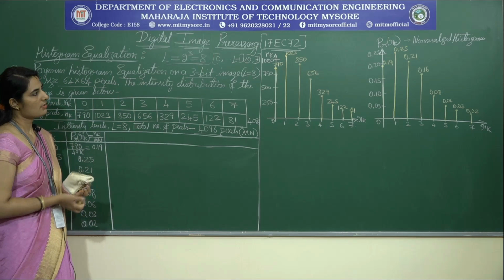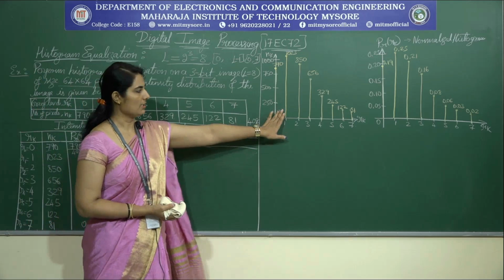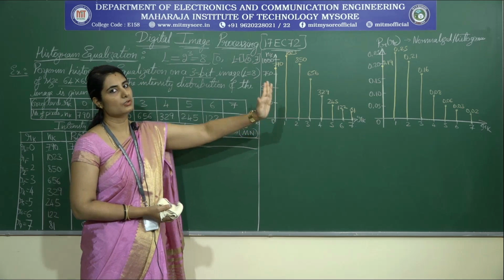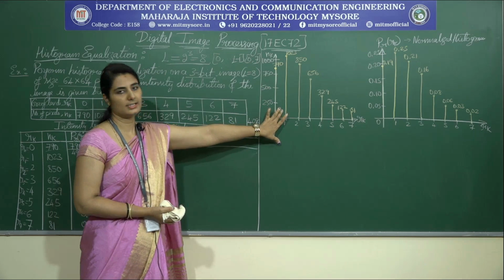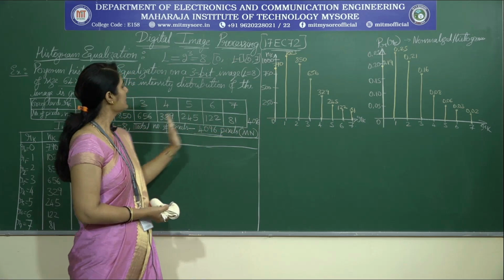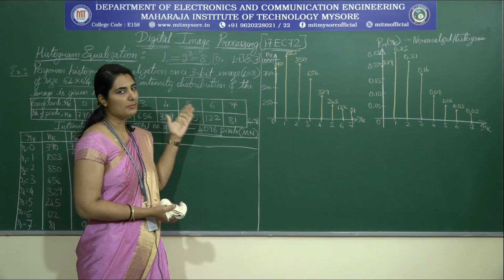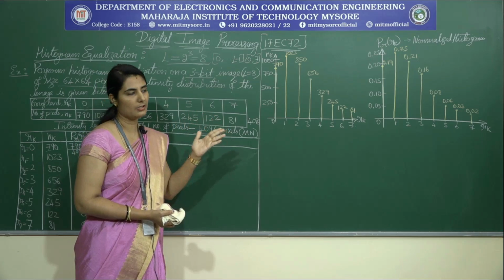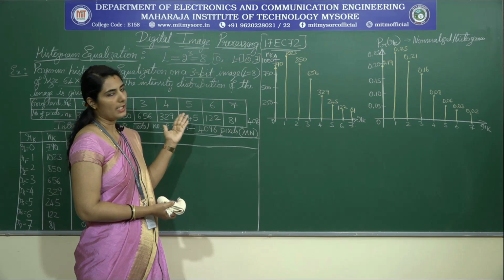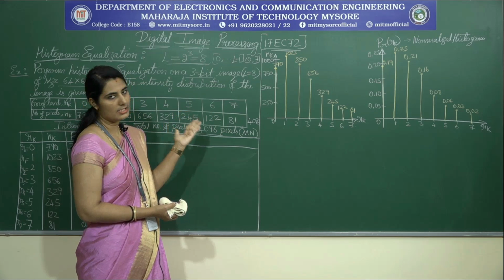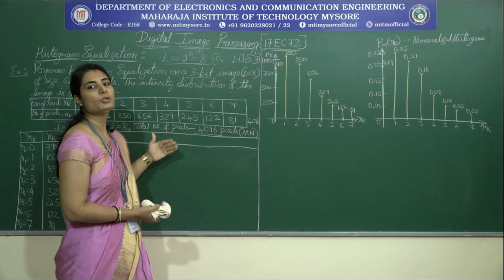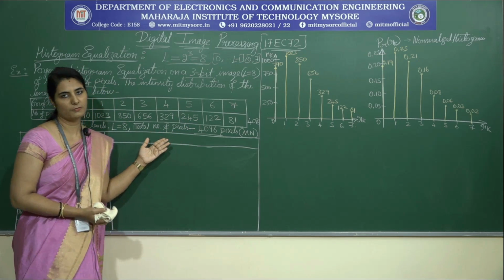So now, this is the given image and we need to find the histogram equalization of this particular image, and this is a discrete image, that is, an image having discrete intensity values. So we need to find the histogram equalization using the transformation function.